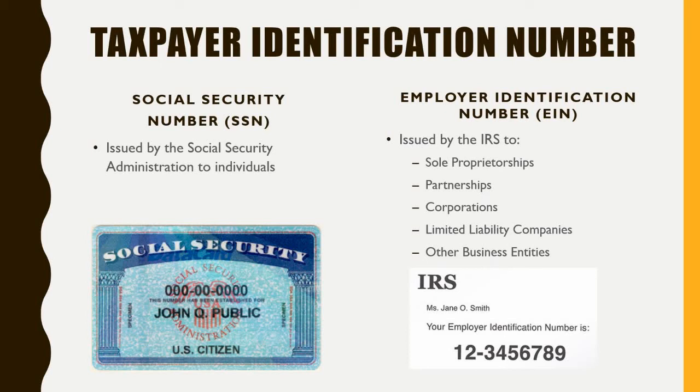So once again, this is where the IRS is going to be collecting majority of all of their taxes that are computed for a company, and they're going to use this number. Okay. Now, let me give you a little note here. As a sole proprietor, you have 2 options. You can use your individual social security because, once again, you and the owner are one. But that doesn't mean you are not able to obtain an employer identification number.